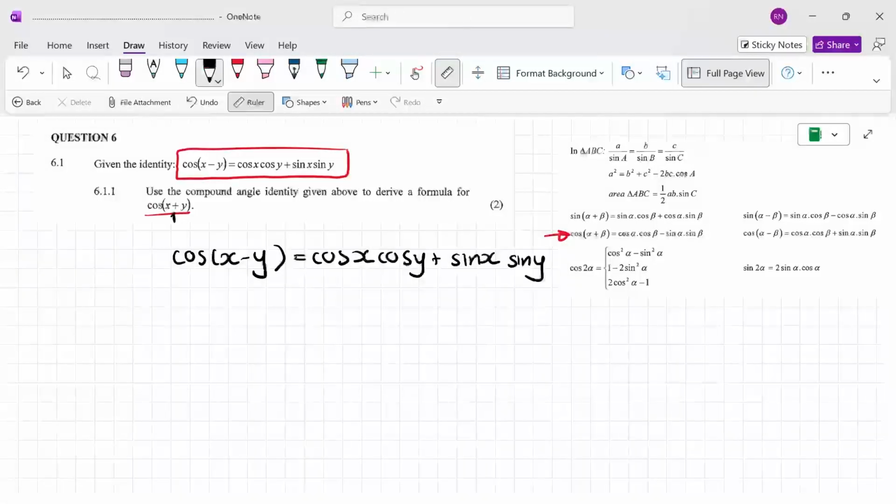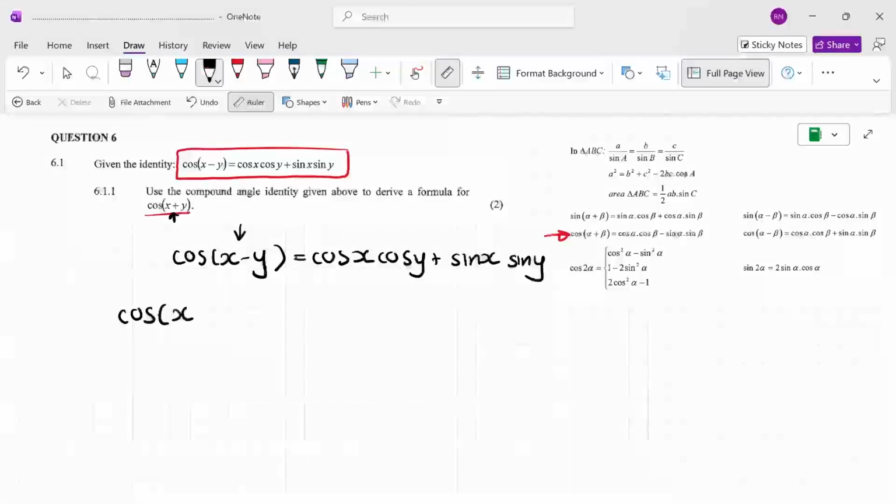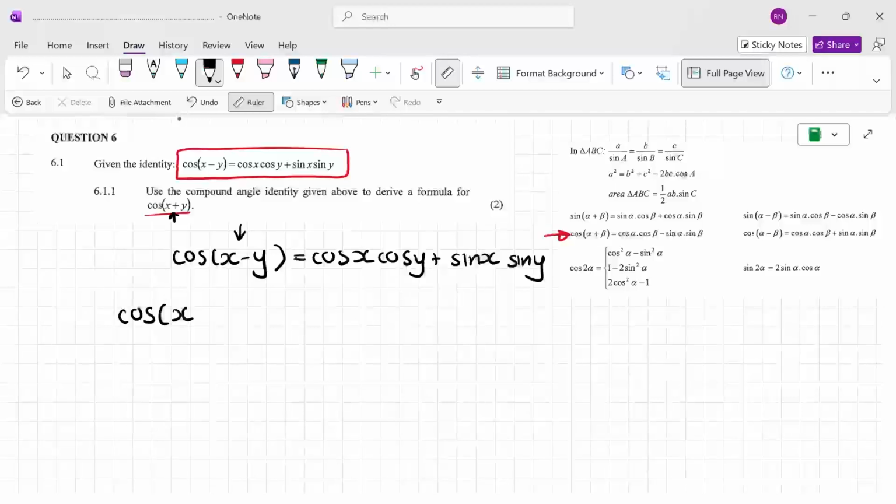But this one has a plus in the middle. Okay, maybe I can rewrite this part as a positive, with a plus. Maybe I can write this cos of x plus y with a minus in it. Sorry, do it the other way, because this is the formula that we have.